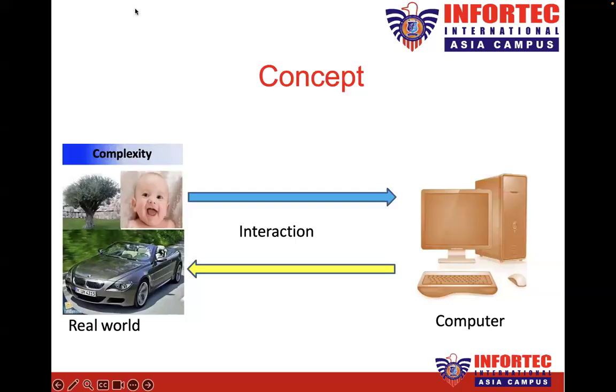So here is a small picture to understand what I have told now. Here we have the complex world. When you see the complex world, you can see real things. If it is a bank, when you go and see the processes of that bank, you will feel this is very complicated. This is very complex.